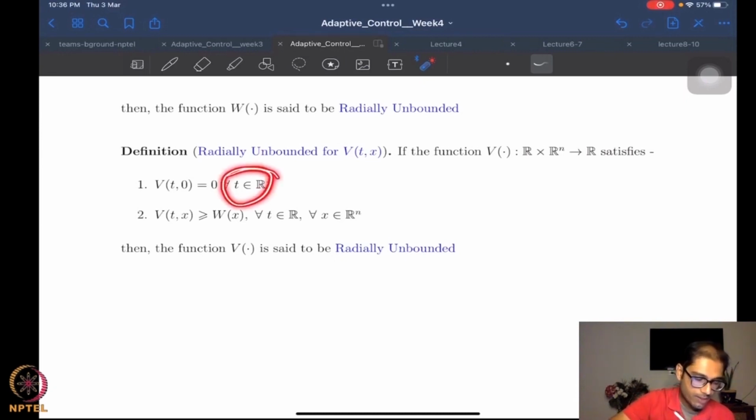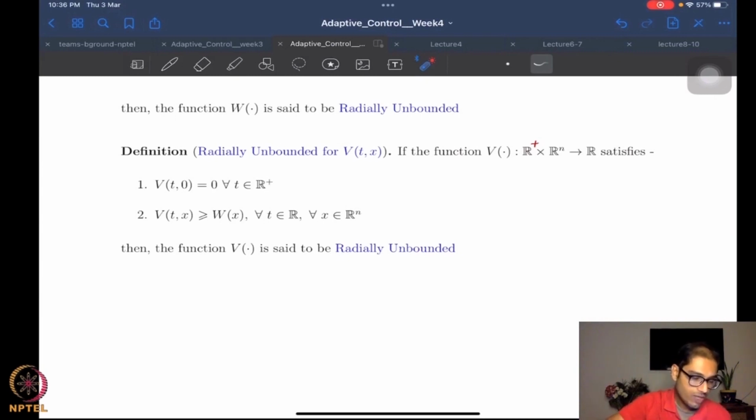But we say t in R plus here, of course. That's non-negative time. To prevent ambiguity, it's better to say it is R plus here. For all definitions of V, time in R plus is quite okay, because we never deal with negative time.